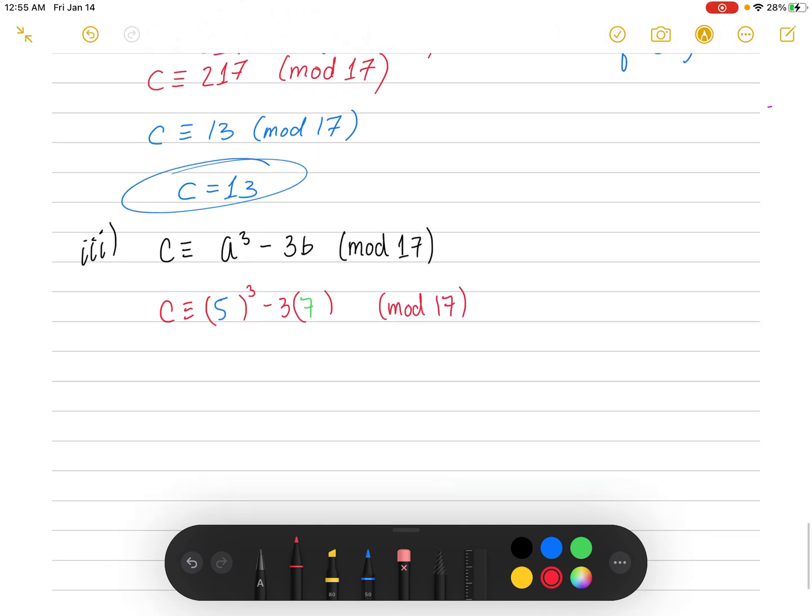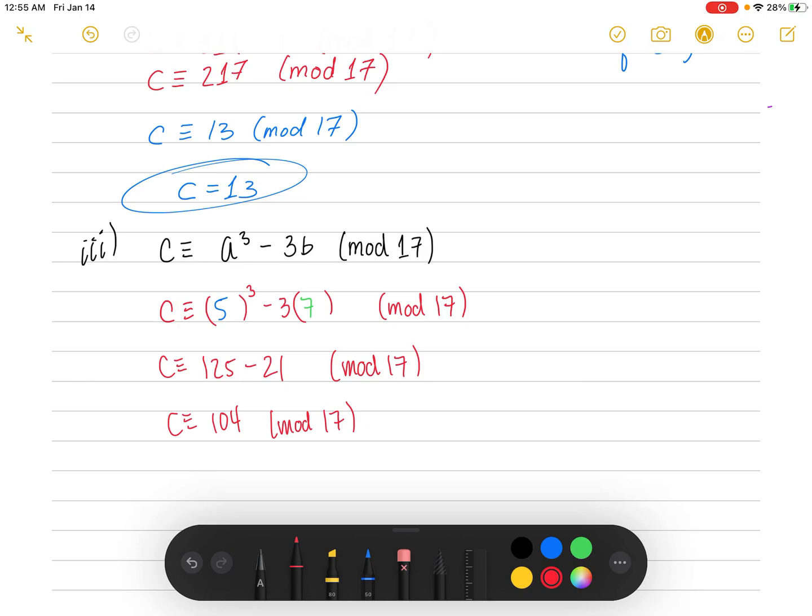So I'm going to do this arithmetic. We know C is going to be congruent to, let's see, 125 minus 3 times 7, 21, mod 17. C is going to be congruent to, I believe, 104 mod 17. Right? 125 minus 21, I believe, is 104.